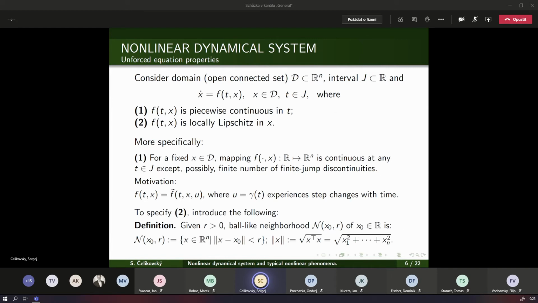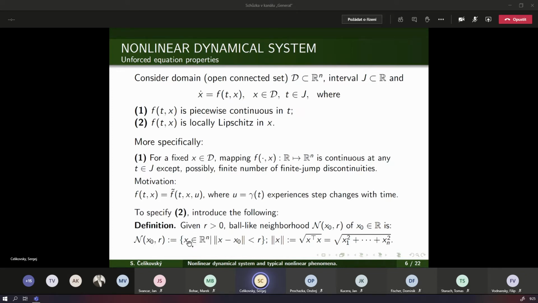And intuitively it is clear the ball-like neighborhood is simply the inner part of the ball with center at x0 and radius r for some r greater than 0. This is the notation, and here is simply the definition.